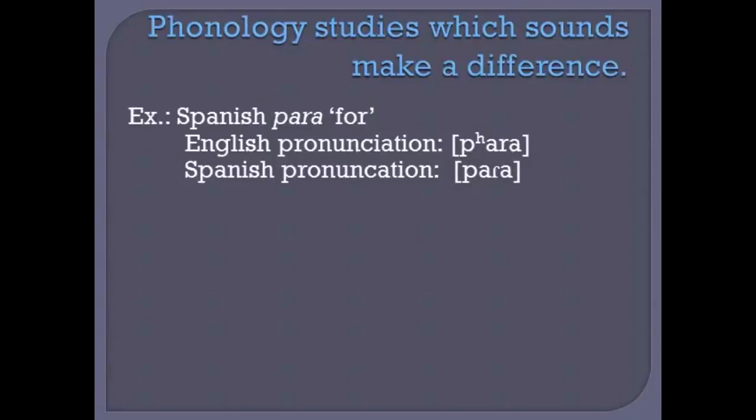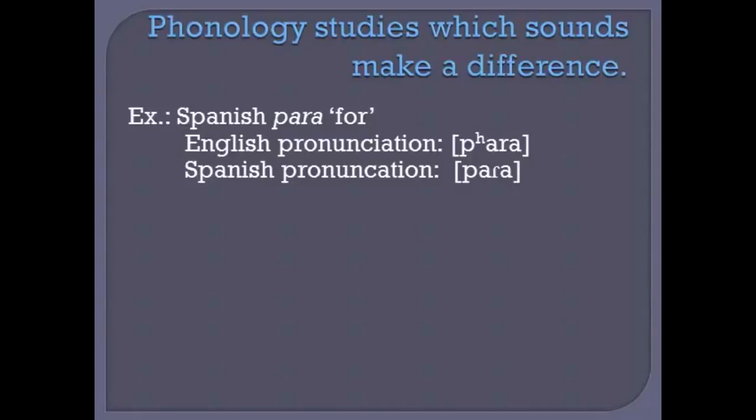So for instance, if you've taken a Spanish class, and you see the word para, P-A-R-A, which has one of its meanings as "for", and you're an English speaker, you're probably going to pronounce that word with an aspirated P, that's what that small h indicates, and a very English sounding R. And that's an acceptable pronunciation, but it's going to sound like you're an English speaker.